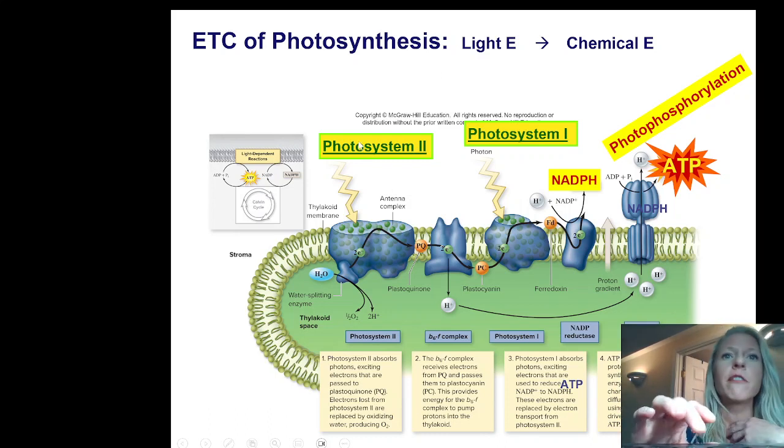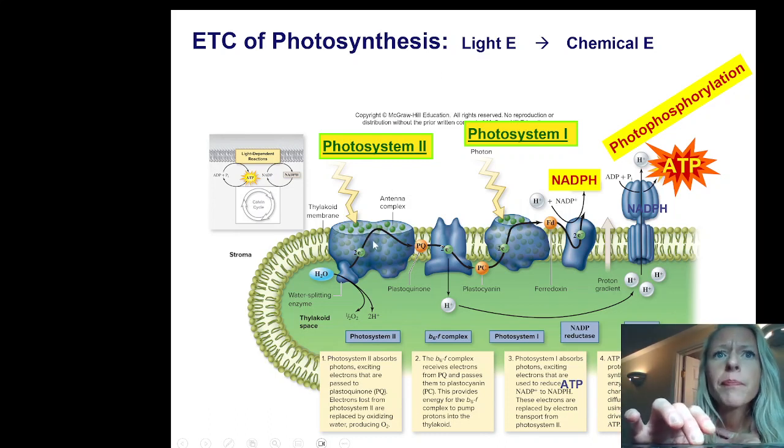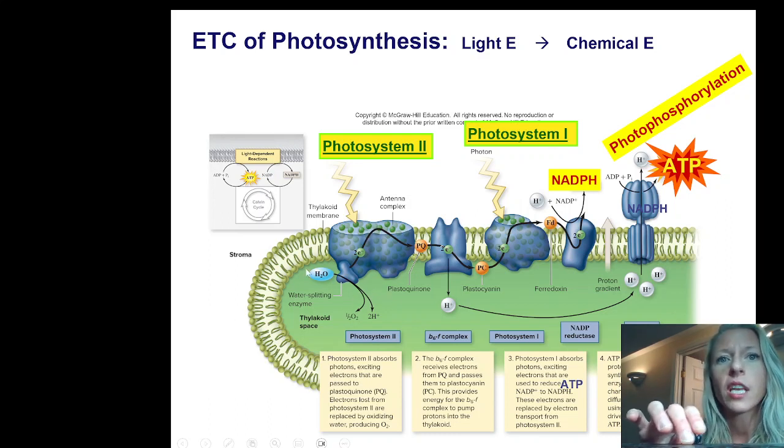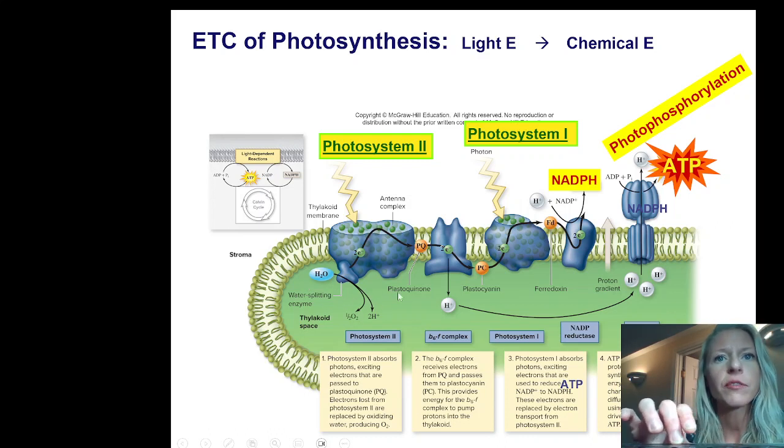In photosystem 2, we're taking in water and sunlight, and we are getting these electrons excited to be passed on down the electron transport chain. Any electrons that are lost are replaced by oxidizing water, producing oxygen. So we produce oxygen in photosystem 2 and take in water and sunlight.